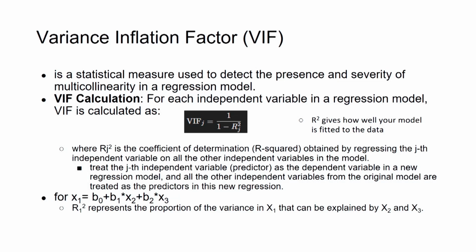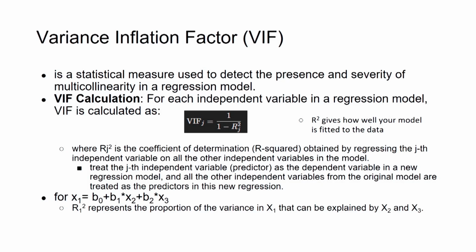Now, what is Rj square? Rj square is the R square obtained by regressing the jth independent variable on all other independent variables in the model. Whatever number of independent variables there are, we take the jth independent variable as the dependent variable and the rest of the independent variables as the independent variables, train this model, and calculate R square, that is Rj square.